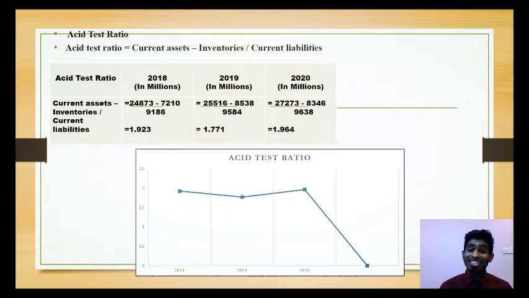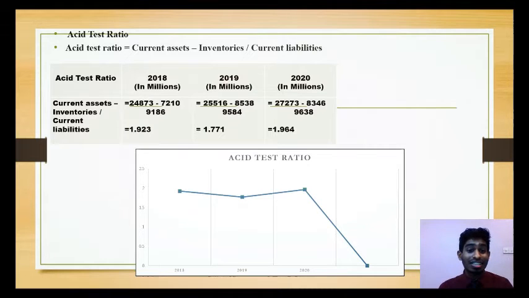Now we are in acid test ratio. The formula of acid test ratio is current assets subtract inventories, then divided by current liabilities. The acid test ratio is otherwise called the quick ratio. It is a liquidity ratio that evaluates an organization's capacity to cover the present liabilities with its current resources.